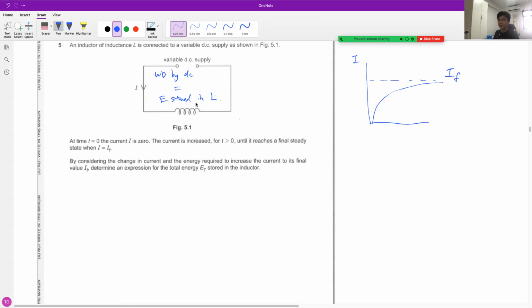But if we have the function I in terms of time, then we can integrate.